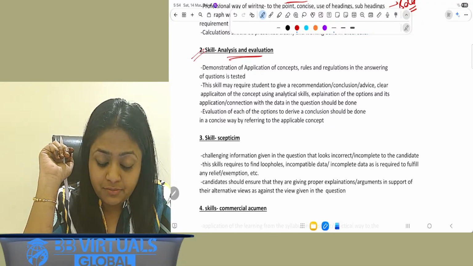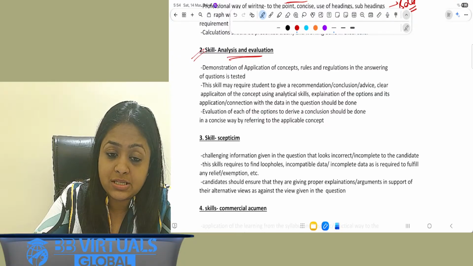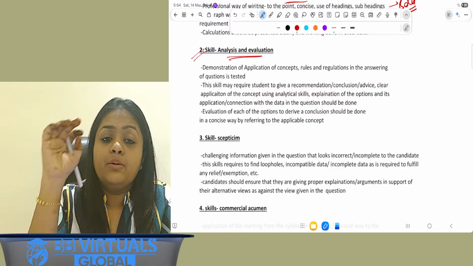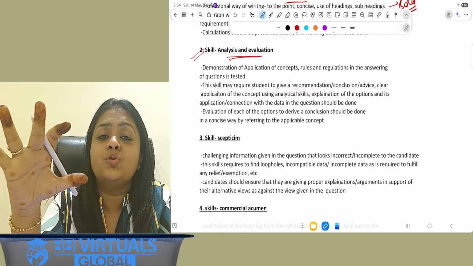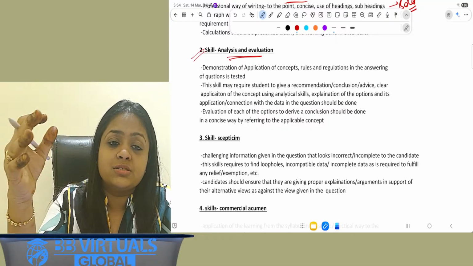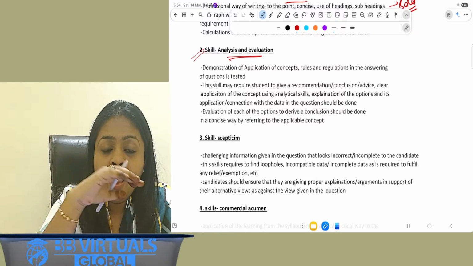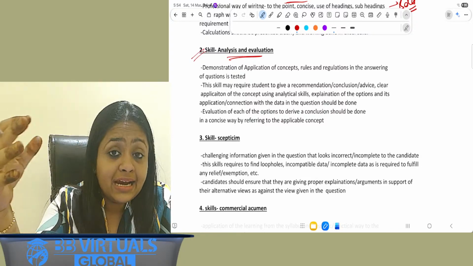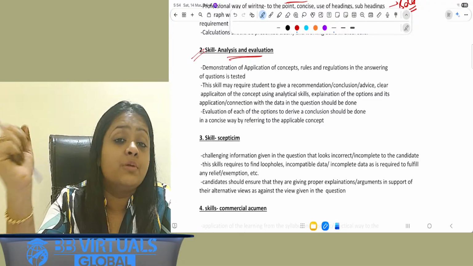Analysis and evaluation basically requires what? That you are able to demonstrate your skills in a way that you are presenting to the examiner that yes, you know about the rules and regulations. You are able to refer to the rules and regulations very clearly in your exam, and then you can relate them with the data, the content, the context, the case study which is given to you.